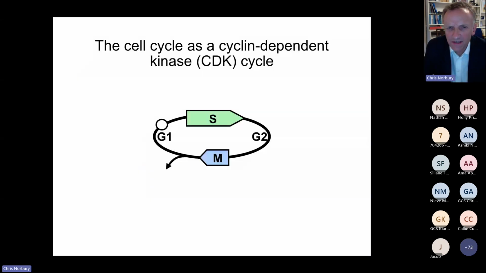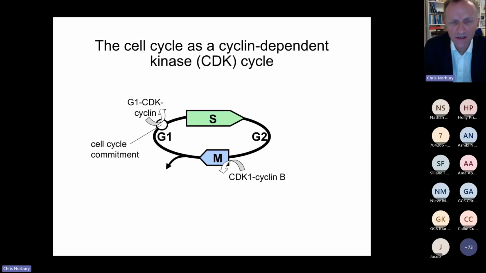And just to fast forward a little bit, in the interest of time, we now know that the cell cycle, as I've introduced it previously, is actually driven by the sequential activation of different cyclin-dependent kinases at different times. So the CDK1 cyclin-dependent kinase that I've just described is responsible for catalyzing entry into mitosis.